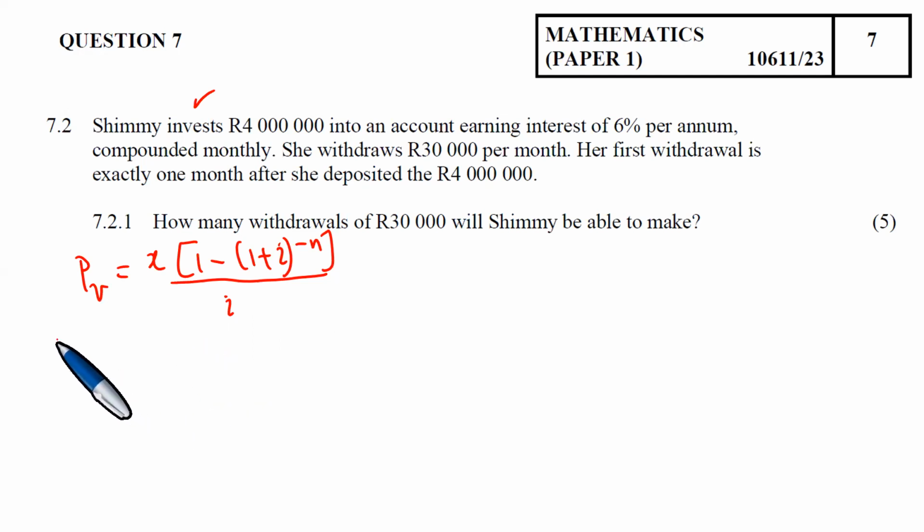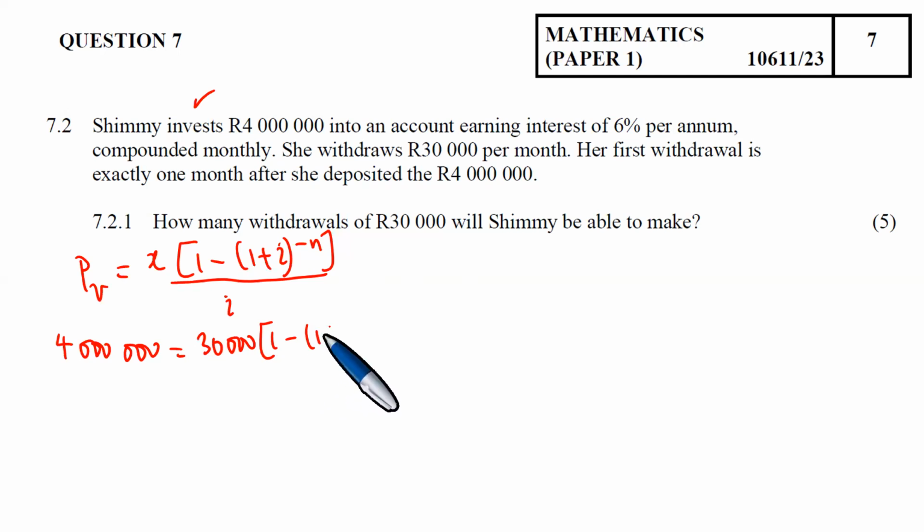So you have exactly 4 million equals 30,000 times 1 minus 1 plus 6% per annum compounded monthly.